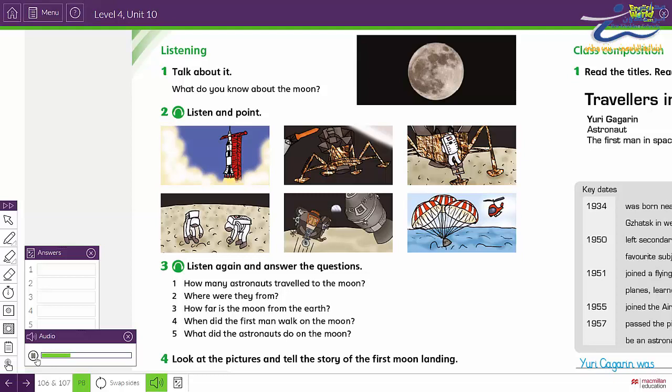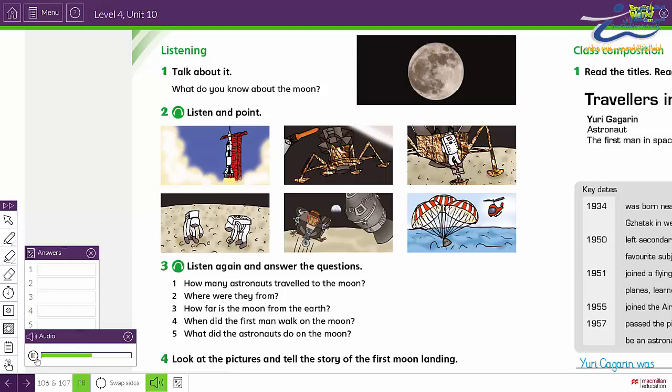They were flying to the moon. The moon was 400,000 kilometers away, and the journey took 3 days. When they arrived at the moon, the rocket went into orbit around it. 2 men went down onto the moon, and 1 man stayed in the rocket.